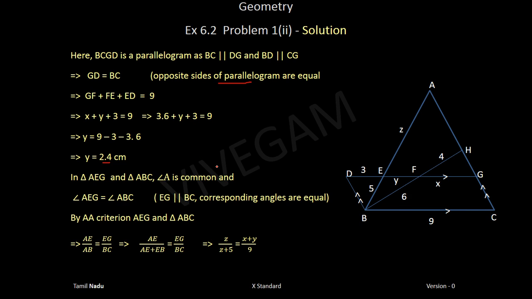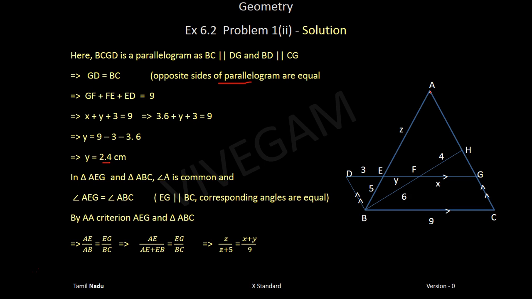So there angle A is common between these two triangles. Then as these two lines are parallel, angle AEG of this triangle is equal to angle ABC of this triangle. So this angle is equal to this angle, which means by AAA criteria, two corresponding angles of two triangles are equal.